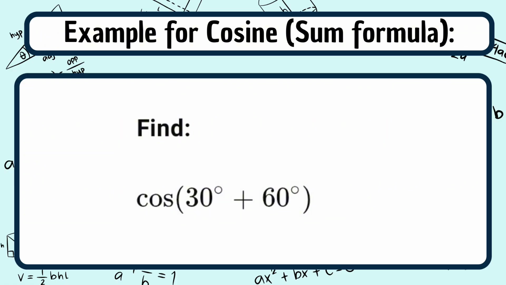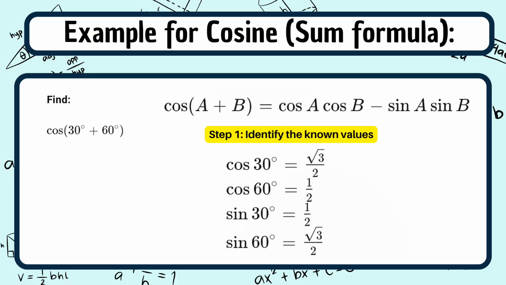Okay, let's proceed to cosine using sum formula. Let's solve for cosine 30 degrees plus 60 degrees. We can use the identity cosine A plus B is equal to cosine A times cosine B minus sine A times sine B. So let's proceed to step number 1.